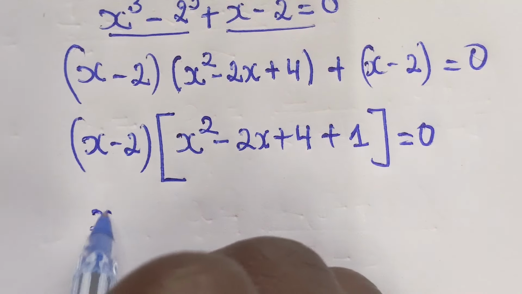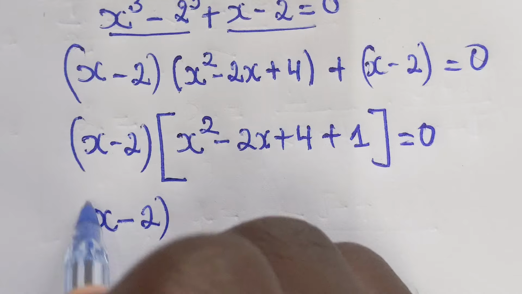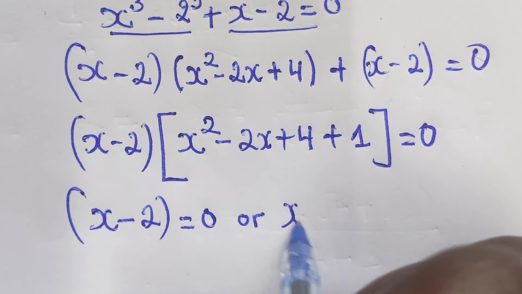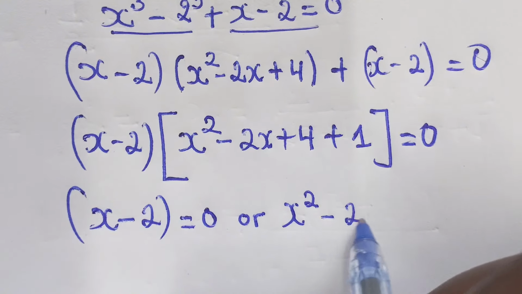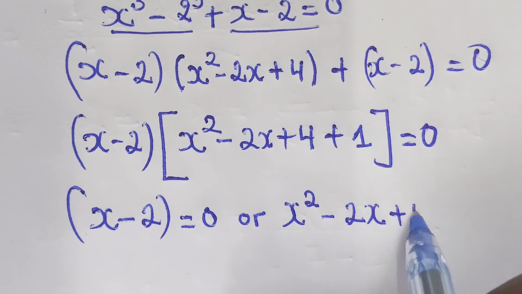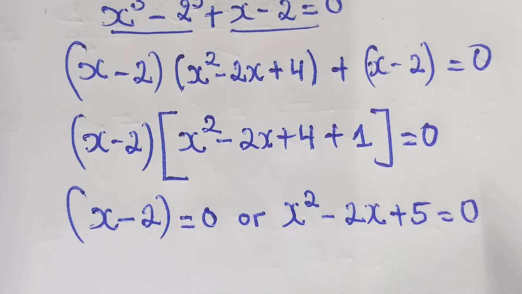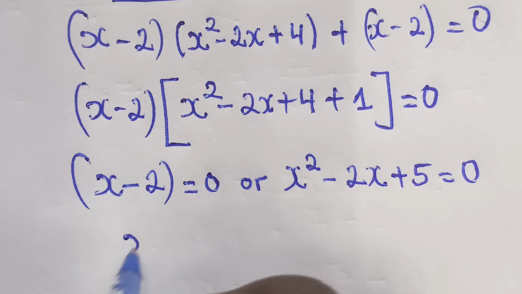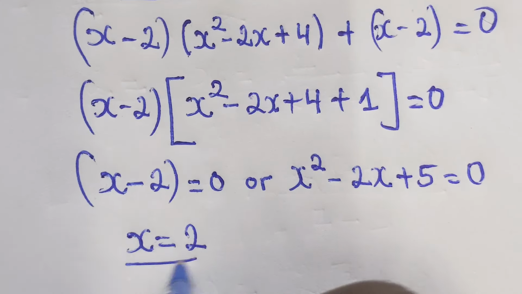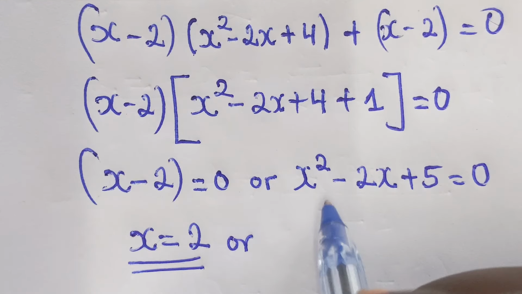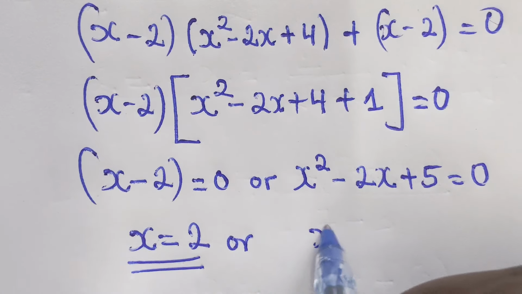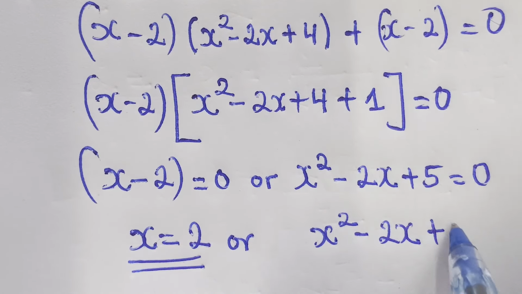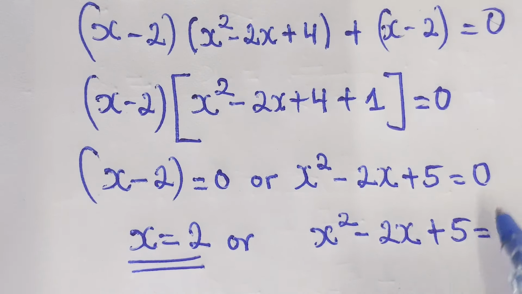So that x - 2 = 0, or x^2 + 2x + 5 = 0. At this stage, x = 2, and of course this is a quadratic equation, x^2 + 2x + 5 = 0.